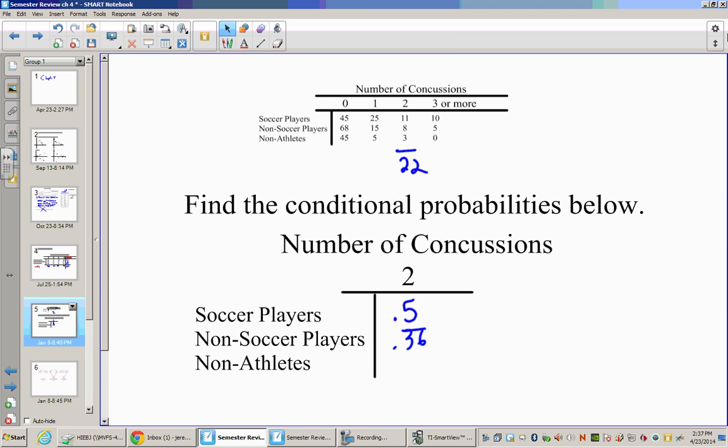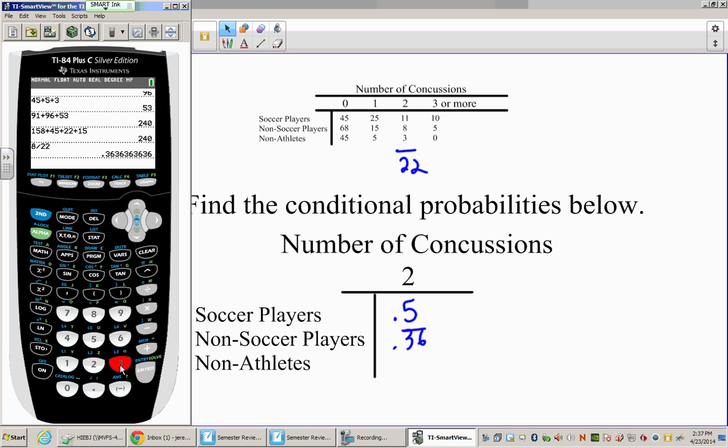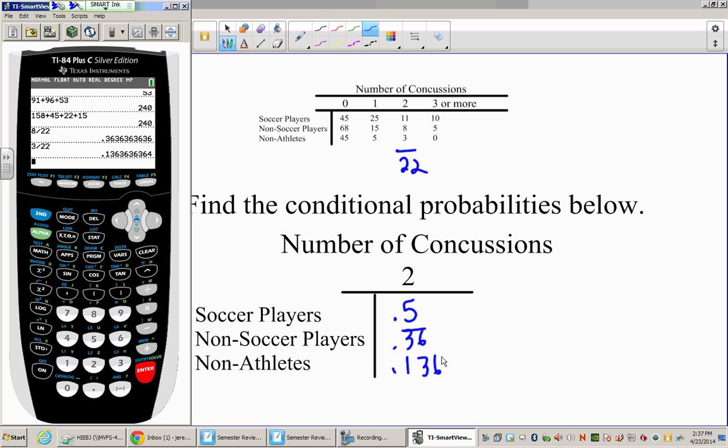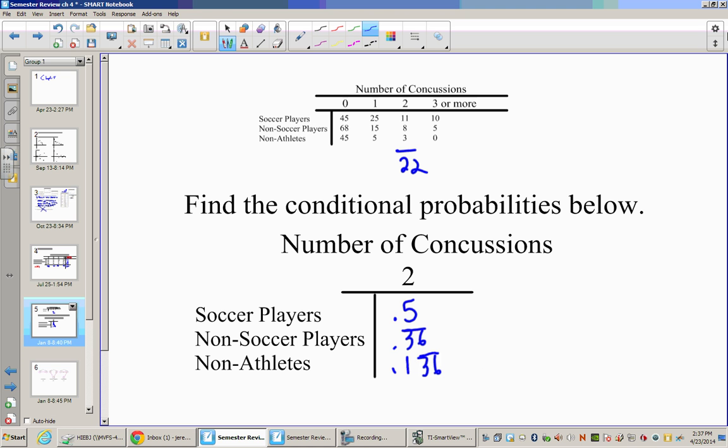And then we have 3 out of 22, which is 0.136 repeating. All right. So this is the conditional distribution for having 2 concussions.